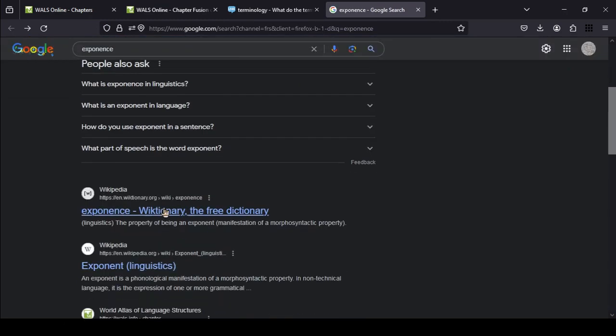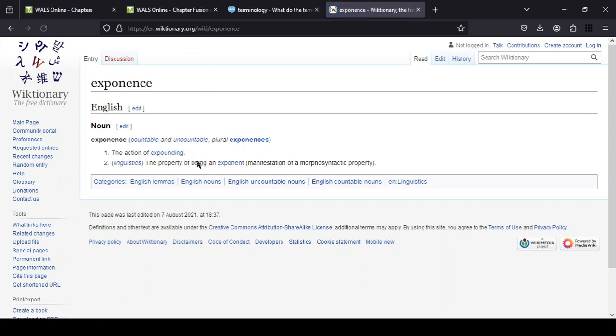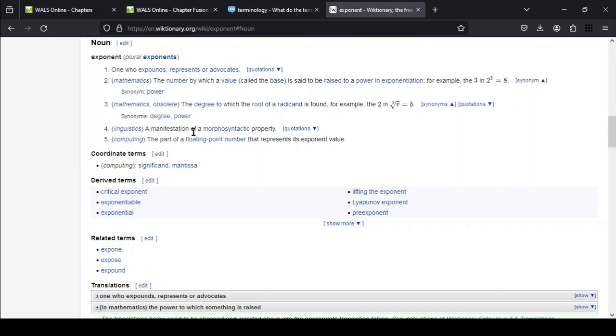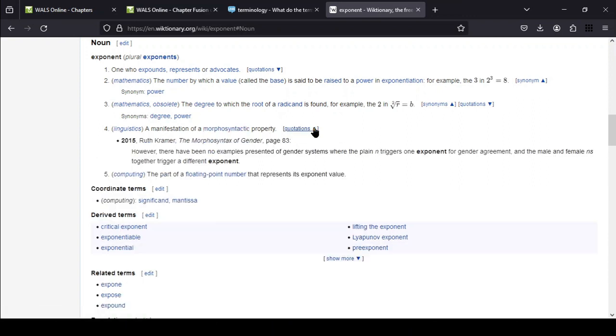Let's see if the dictionary helps: the act of expounding, the property of being an exponent. In linguistics, a manifestation of a morphosyntactic property.